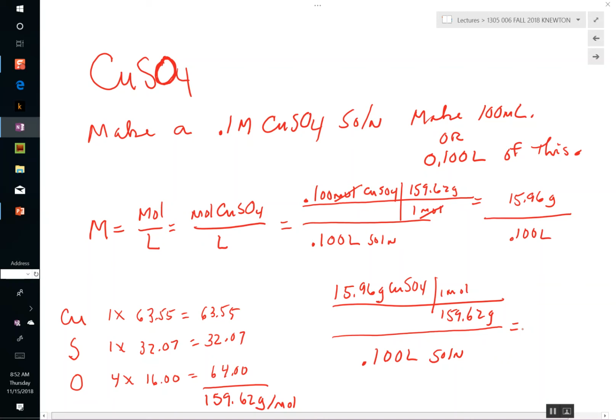So here we go. Here's our copper sulfate. Now copper sulfate is blue. I'm putting it in 1/10. I'm going to try. This is a lot of stuff here.